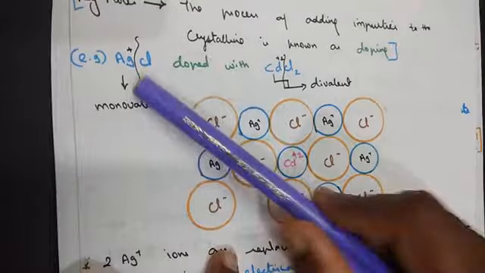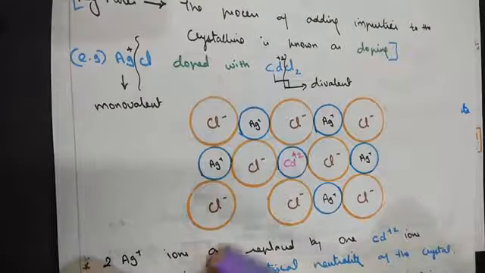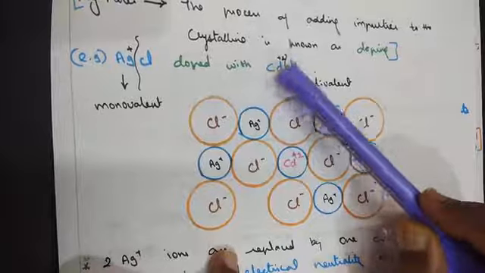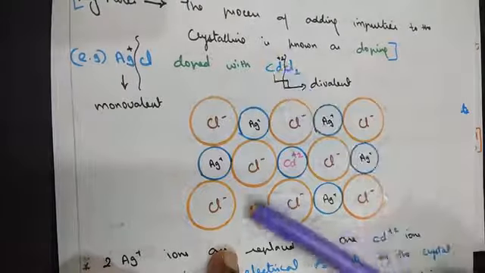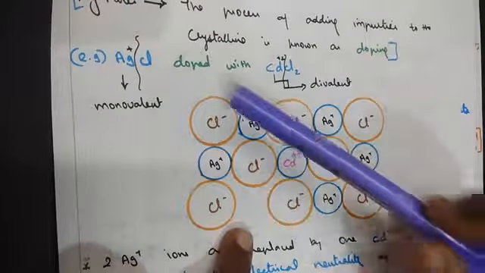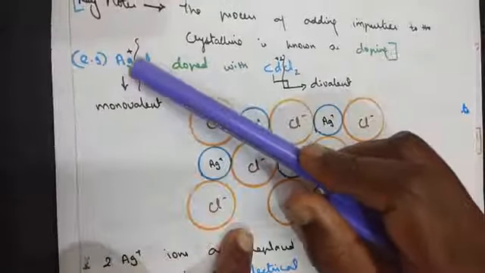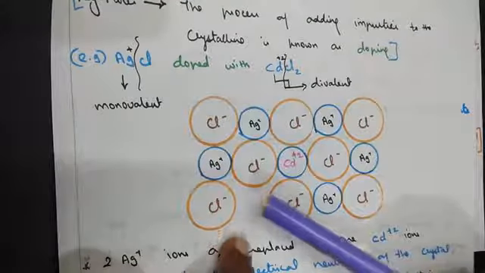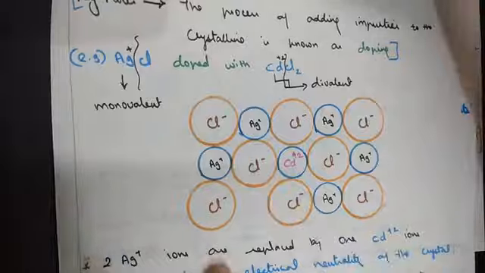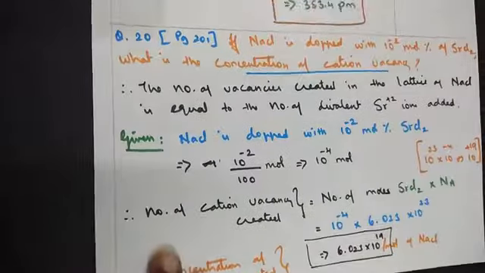One silver ion going out is replaced with the incoming of two ions of cadmium. So out of the two incoming, one will occupy the position of an Ag+ ion. The other ion vacancy will be left as it is. And that's the point we are talking about.